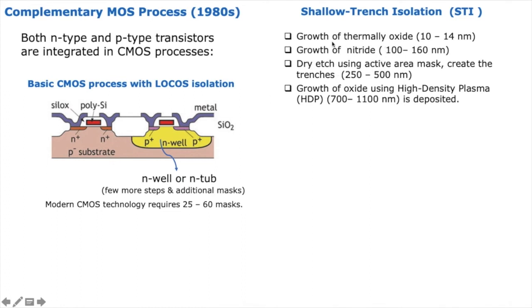But essentially, the first step is that you grow a thermal oxide, which is very thin, 10 to 14 nanometer, and then you grow a nitride layer about 100 to 160 nanometer, and then selectively etch out some of the part, dry etch using the active area mask, and create a trench, something like 250 to 500 nanometer, and then again you grow an oxide layer by a high density plasma oxidation process.